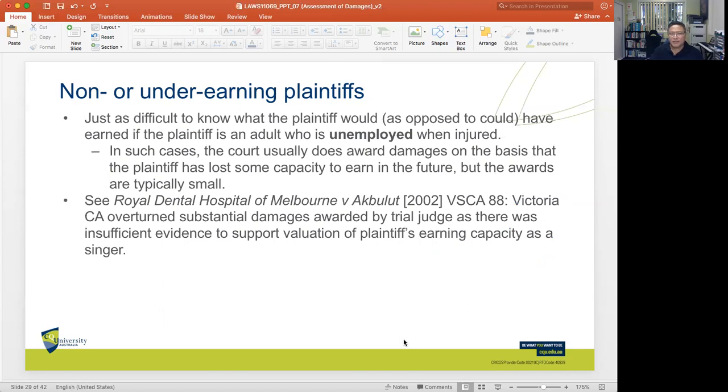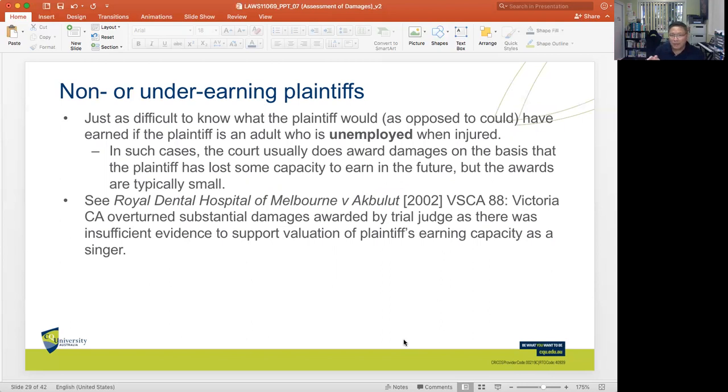Just as difficult is knowing what the plaintiff would, as opposed to could, have earned if the plaintiff is an adult who is unemployed when injured. In such cases, the court usually does award damages on the basis that the plaintiff has lost some capacity to earn in the future, but the awards are typically small because, remember, as far as compensation for tortious injuries or damages is concerned, it's based on the pre-accident earnings as compared to future or lost earnings.